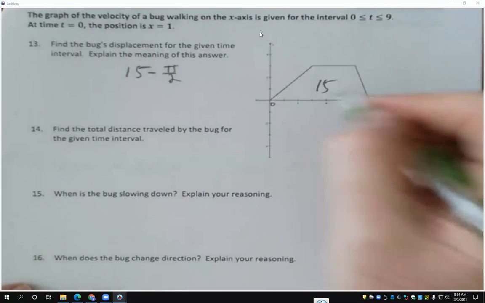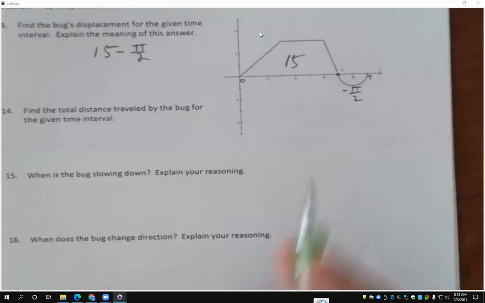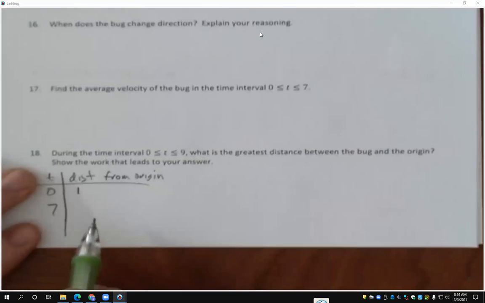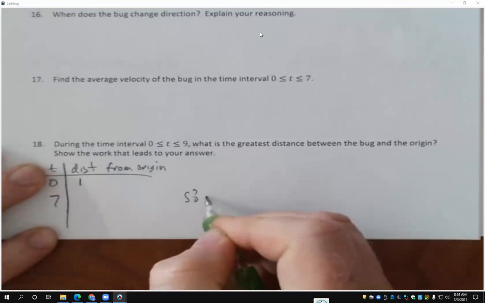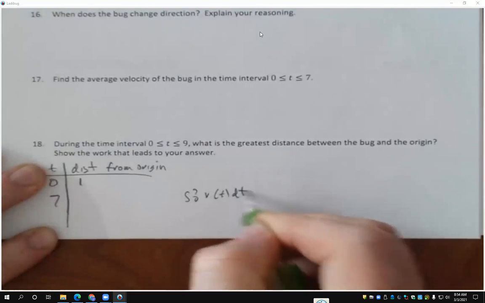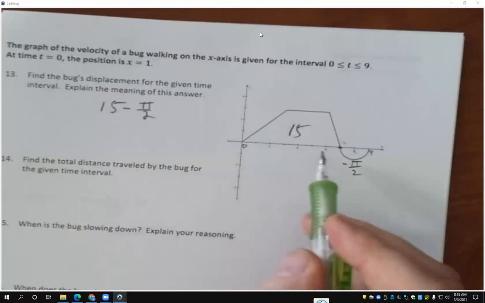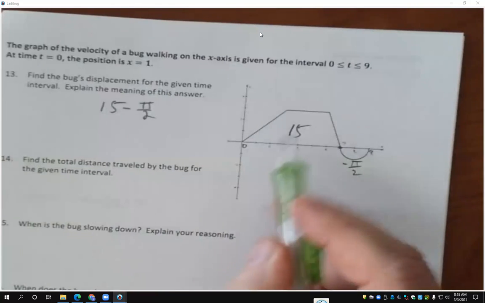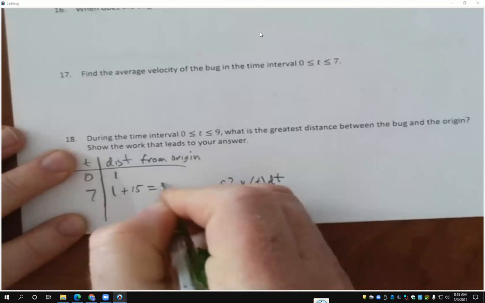The area of this trapezoid is 15. So from 0 to 7, I'm integrating from 0 to 7 v of t dt. But remember, we're starting at 1, and from 0 to 7, we went a total of 15. So I'm going to add 15 to that, and so that is 16.